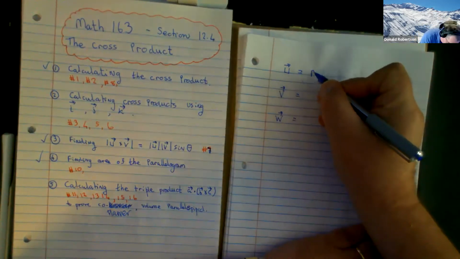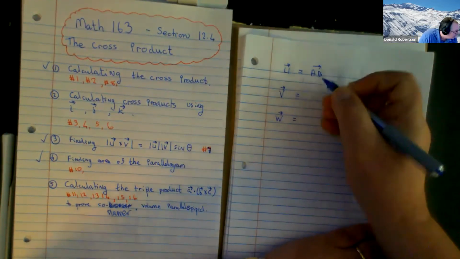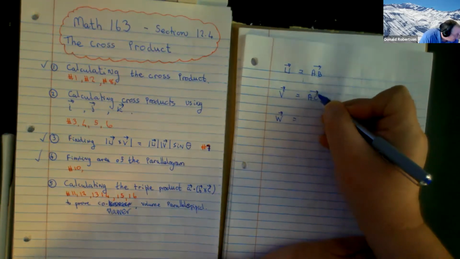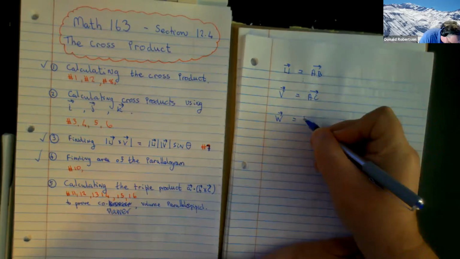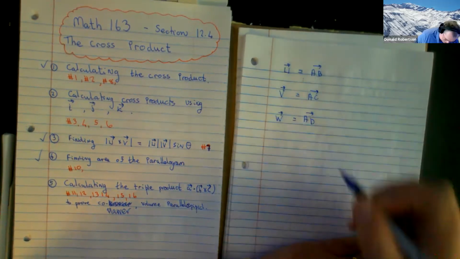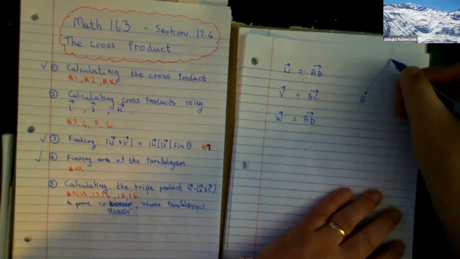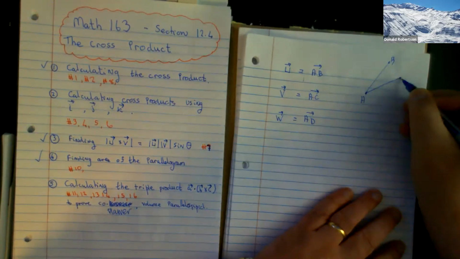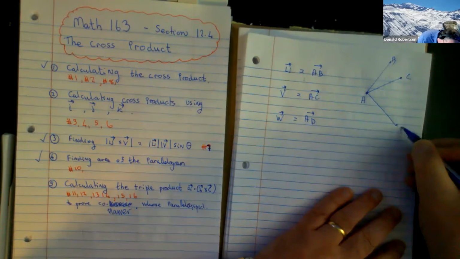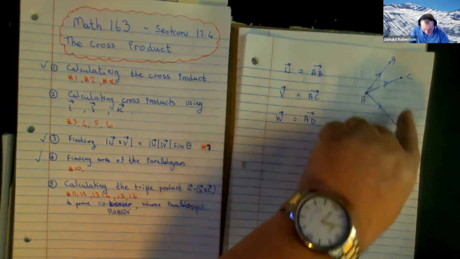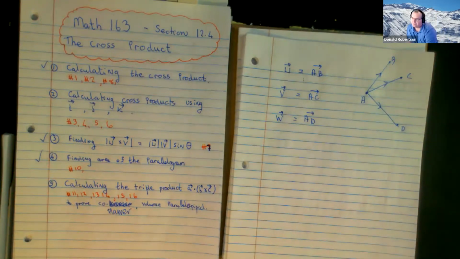And u is the vector AB, v is the vector AC, and w is the vector AD. So can you imagine there's a point in space called A, and there's a guy up here, B, another guy over here called C, and one down here called D. And we are trying to find out, are these three vectors coplanar?